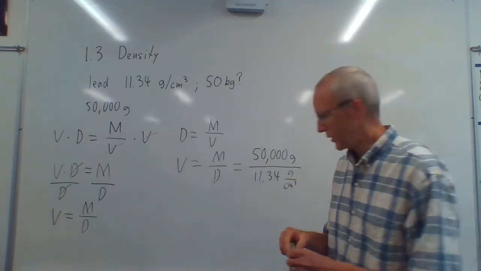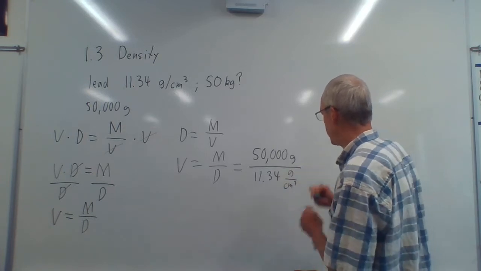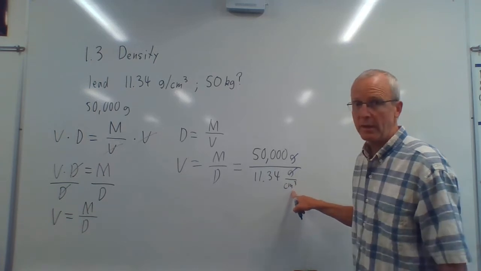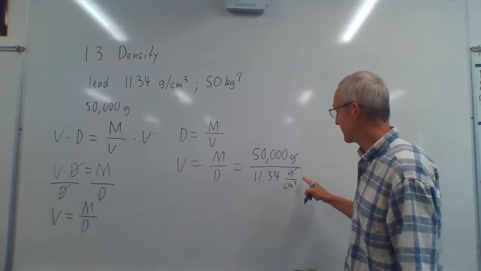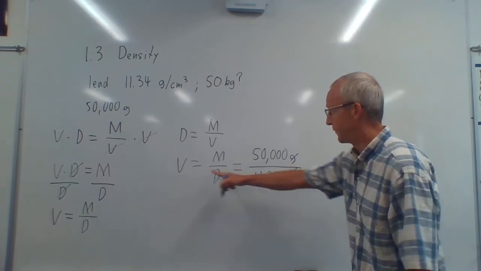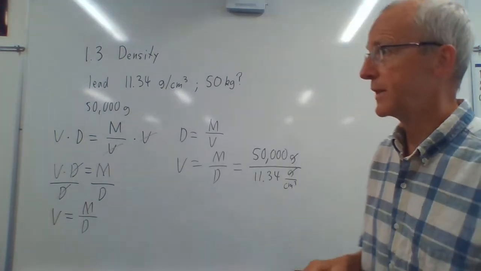Notice that we have a gram on the top and a gram on the bottom, so they cancel. We have a centimeter cubed on the bottom of the bottom, which means it's on the top. So this will give us volume in centimeters cubed, which is what we want. That makes sense.